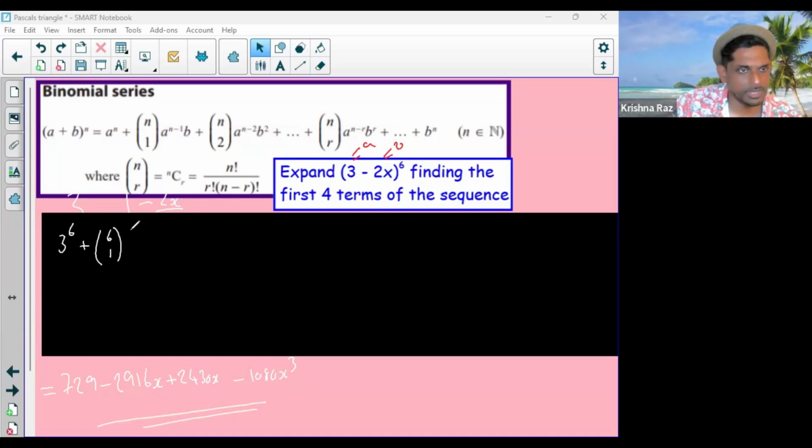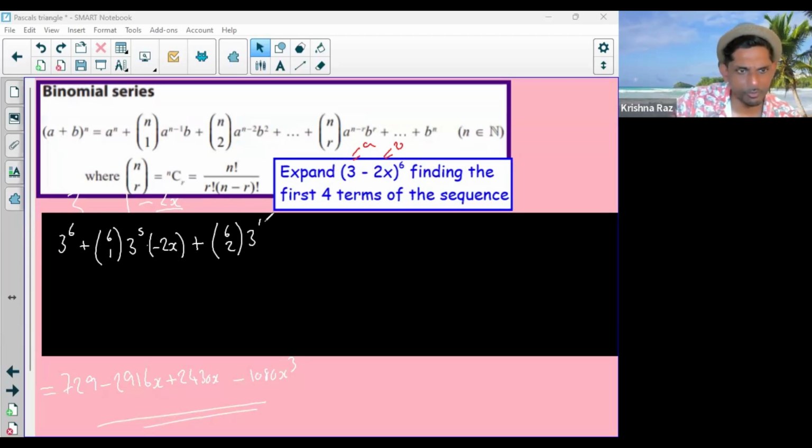So a is 3 and 6 minus 1 is 5, times by b, which is minus 2x. That's 2 terms. The next one will be 6 choose 2.